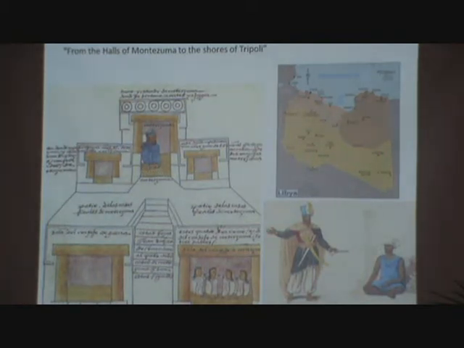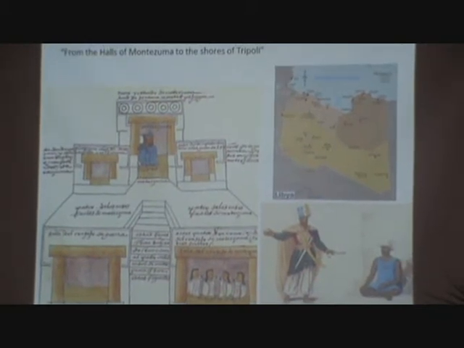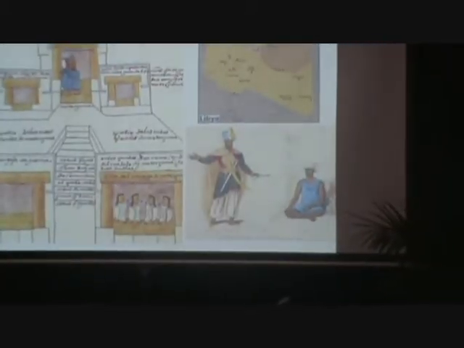So the song's talking about the empire that they conquered. Precisely, because if that's their marine, that's their military force, then they're singing the songs from the halls of Montezuma to the shores of Tripoli. That's what they are trying to defend.